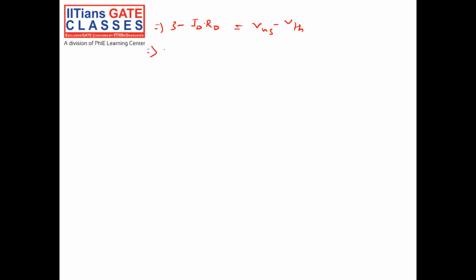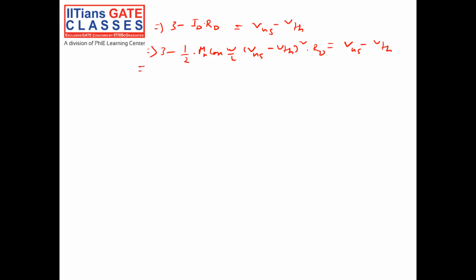This implies 3 minus ID, which is nothing but half mu n COX W by L VGS minus VTH whole square, into RD, is equal to VGS minus VTH.